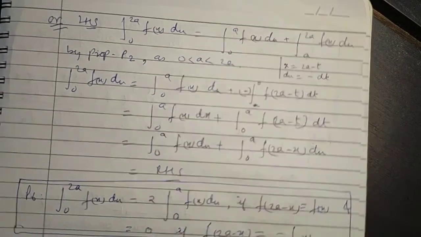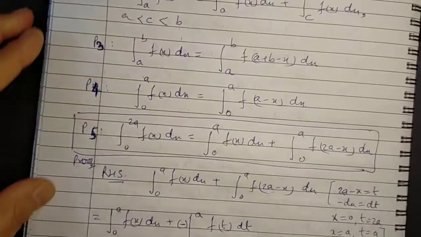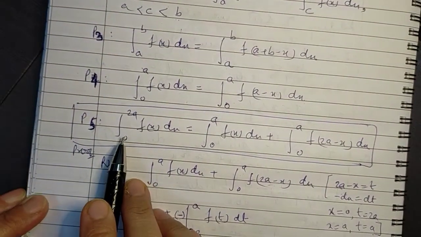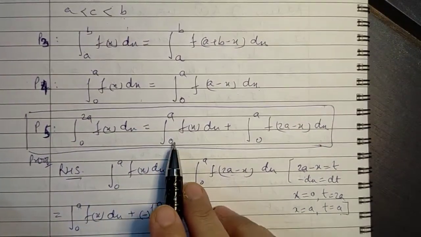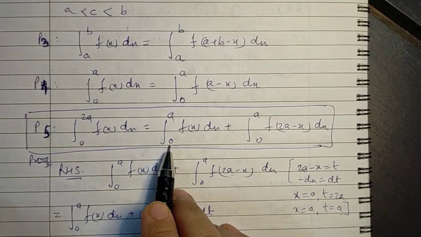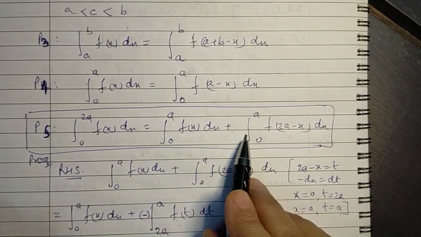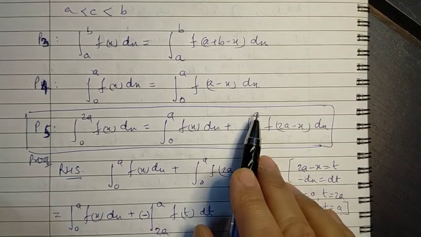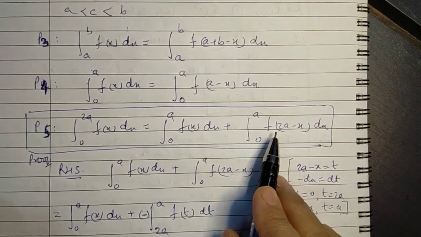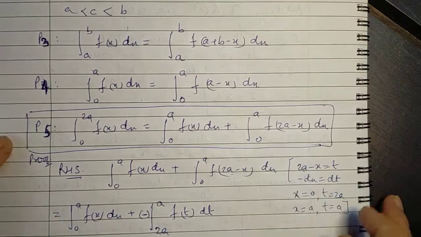So either way we are able to prove this property, that is integral from 0 to 2a fx dx is equal to sum of two integrals. First is 0 to a fx dx plus the second one is again from 0 to a, but here we have f of 2a minus x dx.